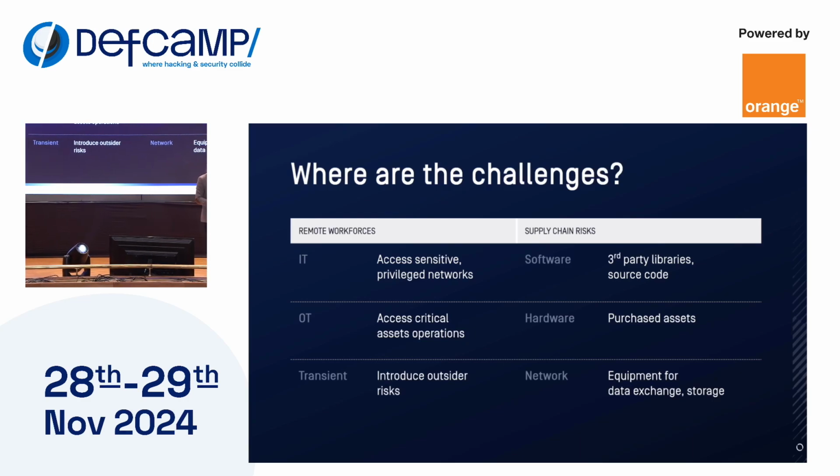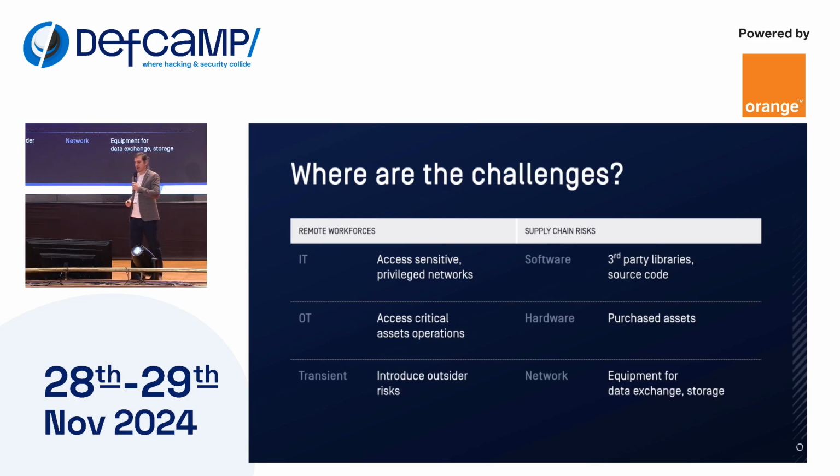Transient assets. So transient assets means USB devices, laptops that we carry across networks to do some sort of configuration work, troubleshooting, and whatnot, right? And those introduce risks. The fact that you're from a trusted vendor and you go to your customers to do some work using your own laptop doesn't mean that's risk-free.